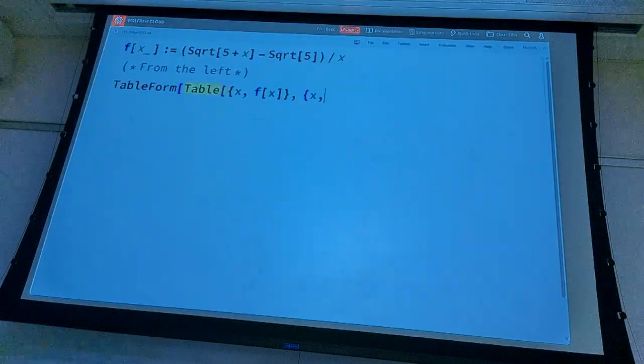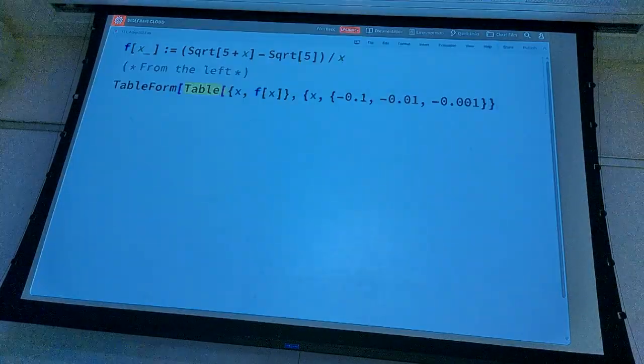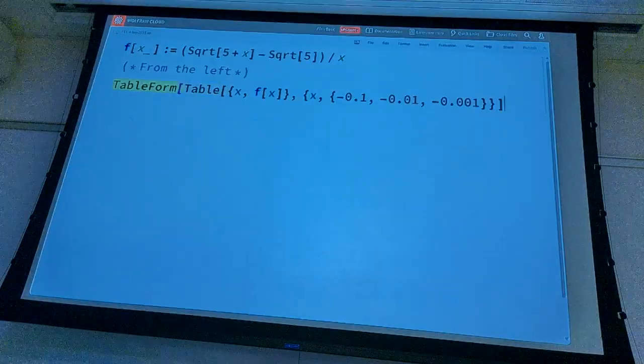I want it to be specific values. I will now list out what those values are. That's all I need for the table.